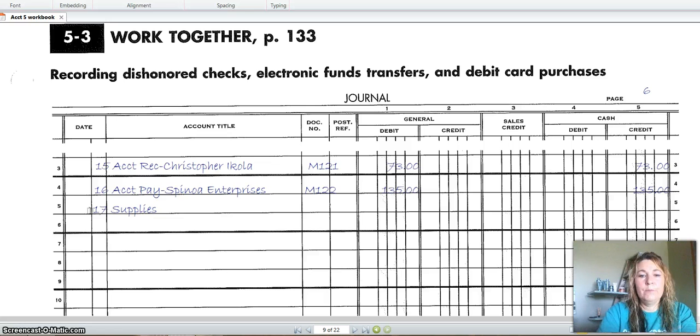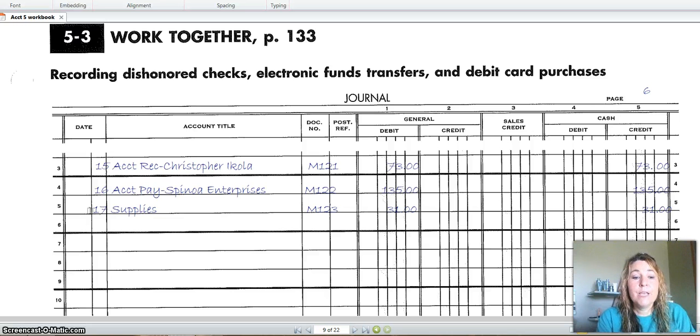Instead, we have a memorandum number. This is memorandum number 123. We're going to debit supplies because supplies is an asset and it has now increased. And we're going to credit cash because just like writing a check, our cash has gone down by $31. Okay, that's all of our work together for 5-3.